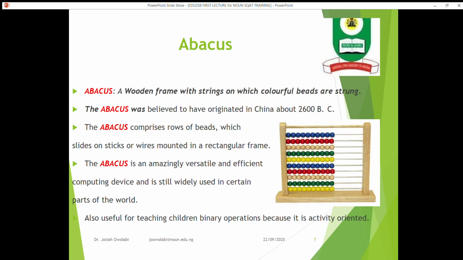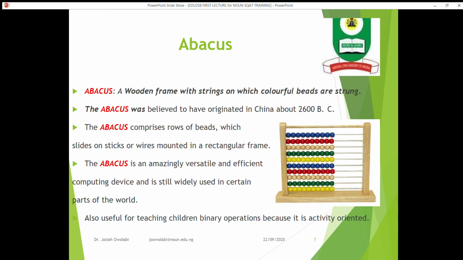I throw that question to you, my dear students, pre-service computer science education teachers. What are you going to do to make life better, to advance the course of computing? Somebody thought that, look, we can have a kind of aid that can help us better, and that gave birth to the abacus.